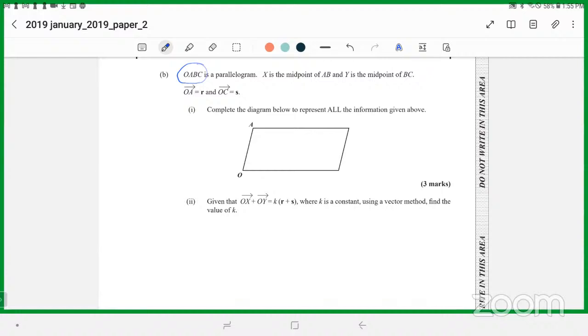So because they say OABC and they put the A here, O to A means that it goes clockwise with orientation. You cannot put B down here and C up here, because that will break the orientation they are presenting.